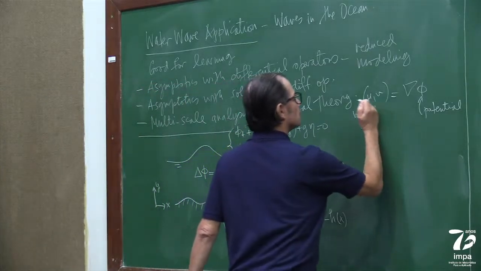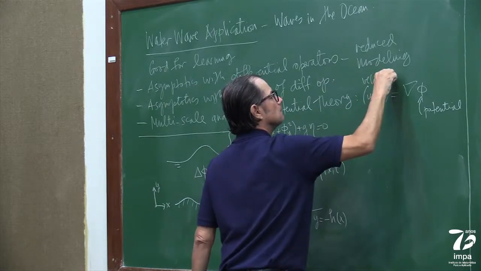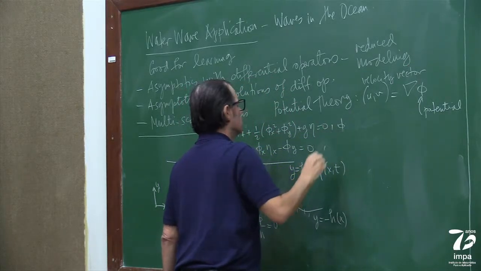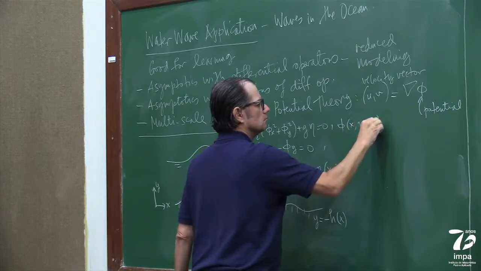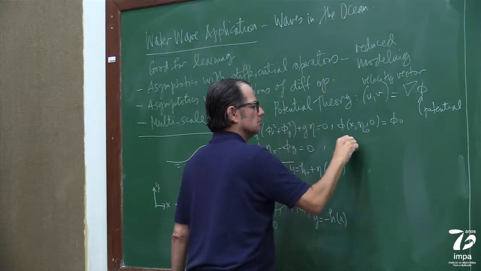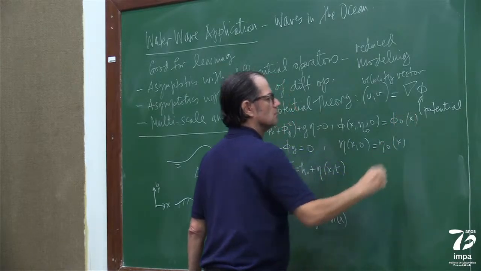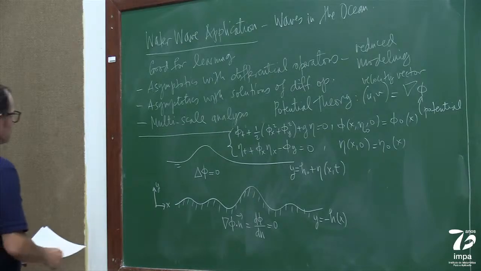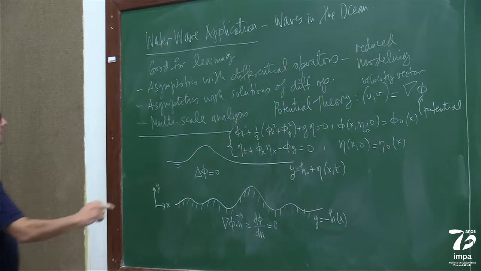Let me maybe write this velocity vector here on top. And because this is an evolution problem, these are my initial conditions.